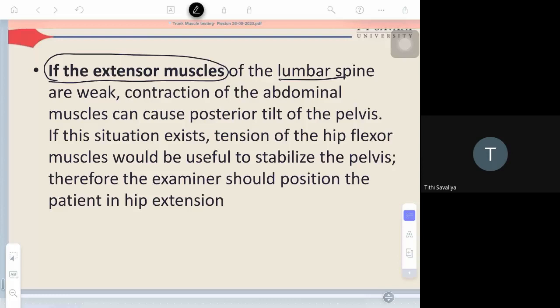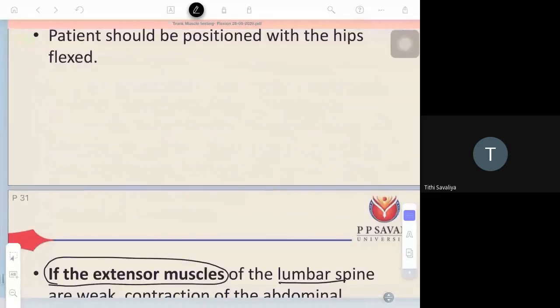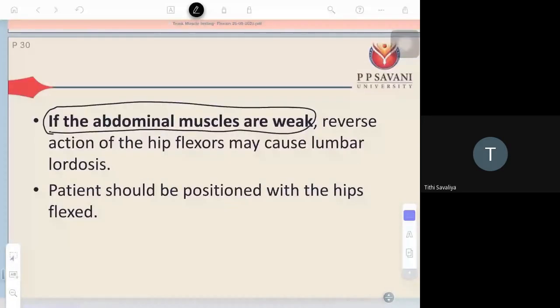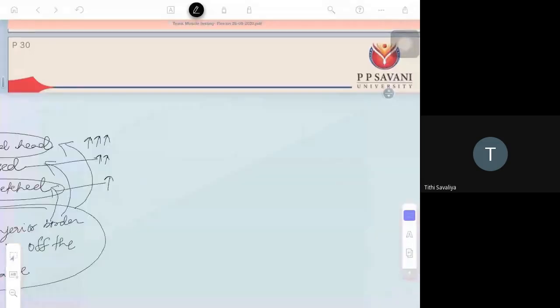If extensor muscles of the lumbar spine are weak, then what will happen when you are performing the test? First, listen carefully, if the abdominal muscles are weak. So what are the abdominal muscles?